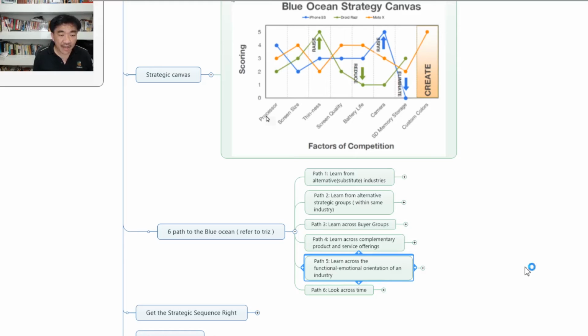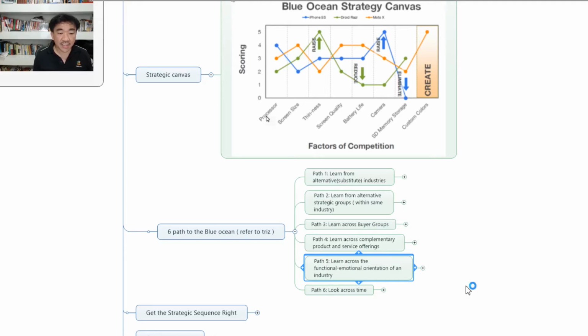And path 5 is learning across the functional and emotional orientation of the industry. Like what we learned from marketing 2.0, there's a mixture between functional and emotional. And in marketing 3.0, you need a mix of functional, emotional, and spiritual.